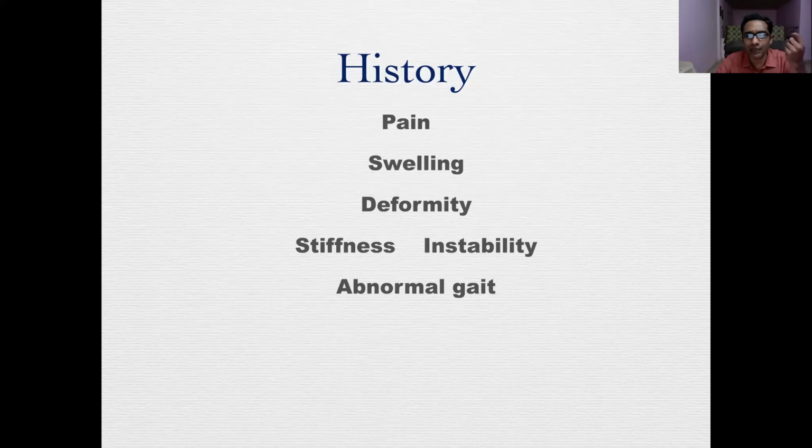Remember, the foot and ankle bear the entire weight of the body in a single stance, which is more than 8 to 10 times the body weight in terms of force vectors. Any small aberration in this will cause a change in the gait pattern. So these are the usual symptoms that you develop on.